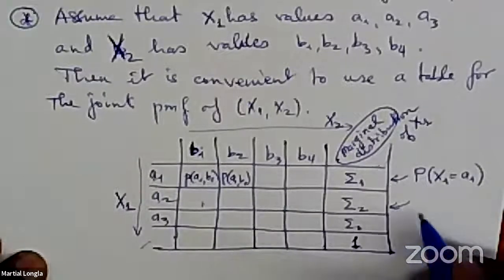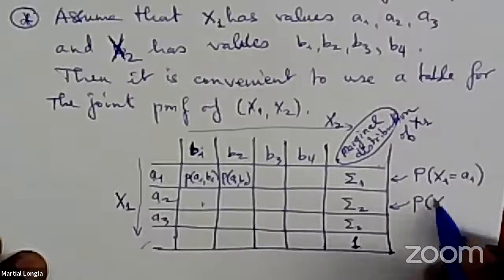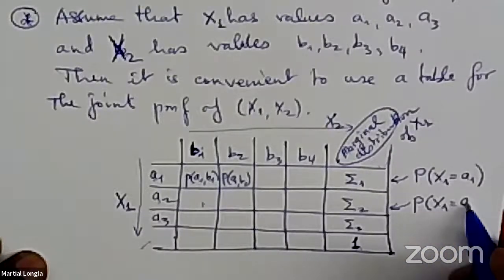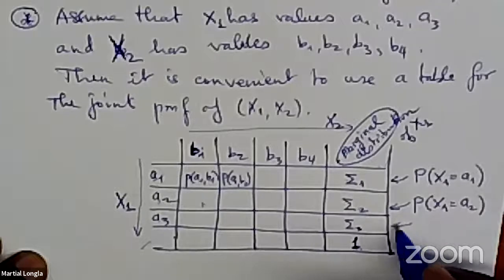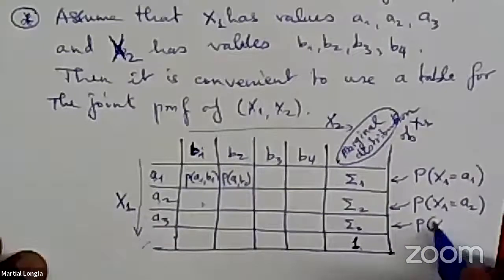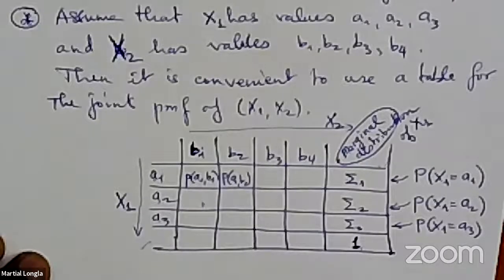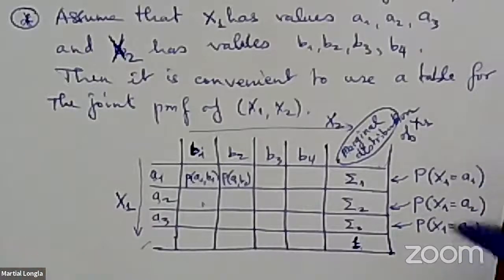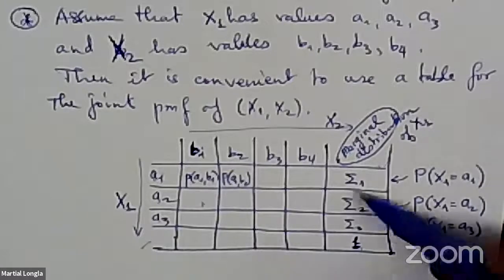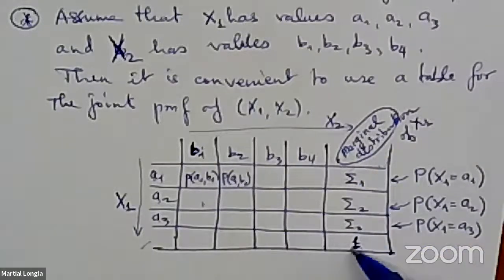This here is the probability that x1 equals a2. And that here is the probability that x1 equals a3. And this is the reason why when you add all of them, you get 1, because this is a distribution function, and the sum of all probabilities must always be equal to 1. So the sum of the probabilities for x1 must be 1. That's why the sum of this column must be 1.